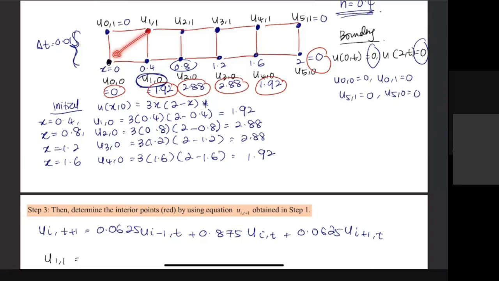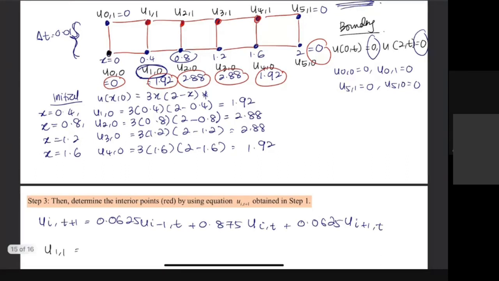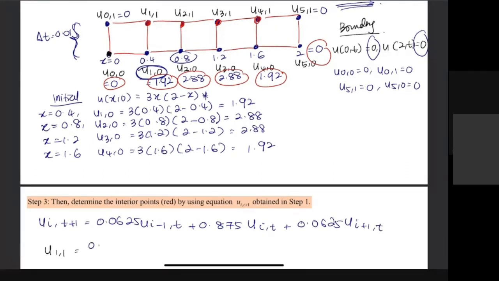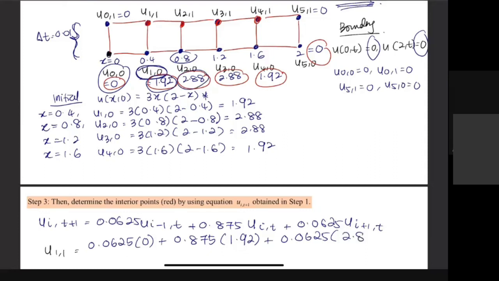So you can see when you calculate the red point, U11 equal to 0.0625 multiplied with the first point, which is 0, the temperature, plus 0.875 multiplied with the second temperature, which is 1.92, plus 0.0625 multiplied with the third point, which is 2.88.